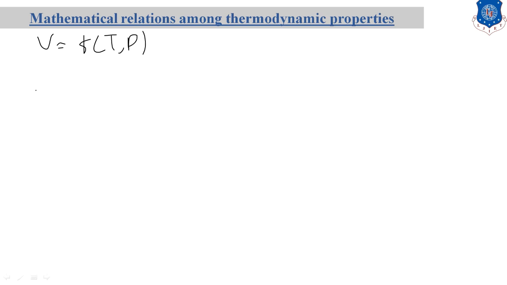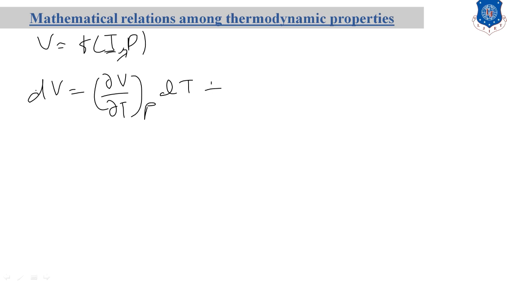So we can easily take the partial derivative with T, which gives del V upon del T, keeping pressure constant, multiplied by the total differential dT, plus del V upon del P, keeping temperature constant, into the total differential dP.